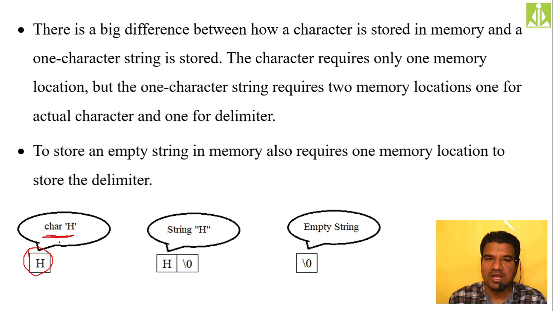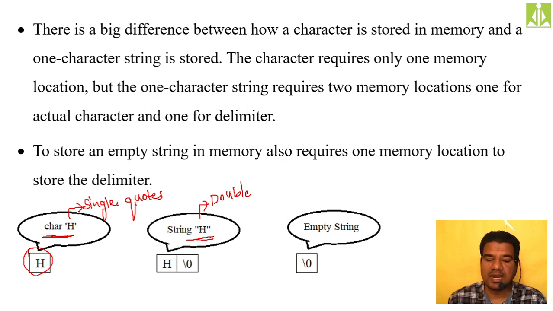A normal character needs single quotes. But if it is a string, as you can see over here, we need to give double quotes. That makes the difference.